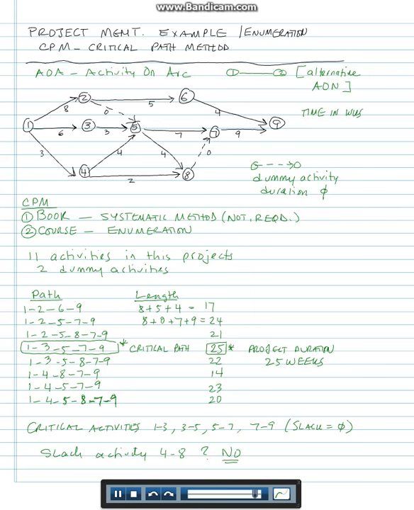If I did the systematic method, I would get the slack. But I did enumeration. So the only slack I know of would be the slack for the critical activities, and I know that those slack would be 0, and I would know the critical path as well. And that's all you're required to know in this chapter and for this class.